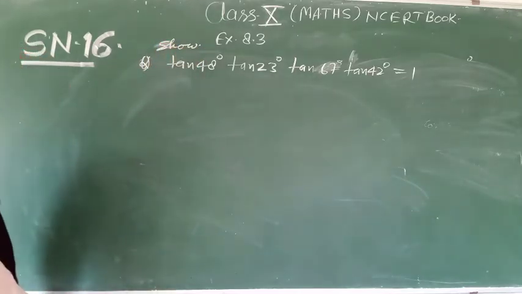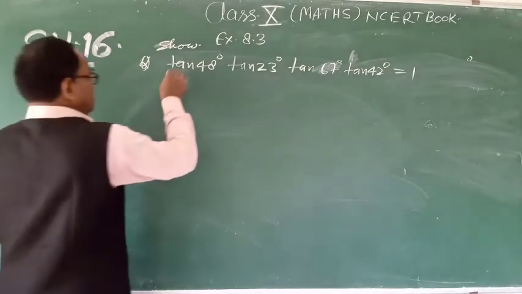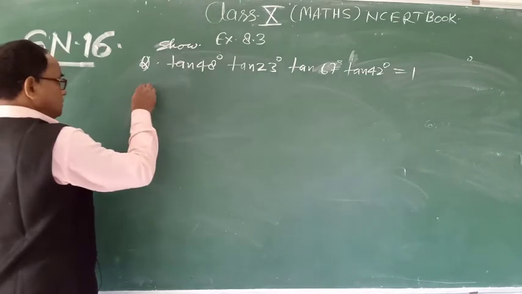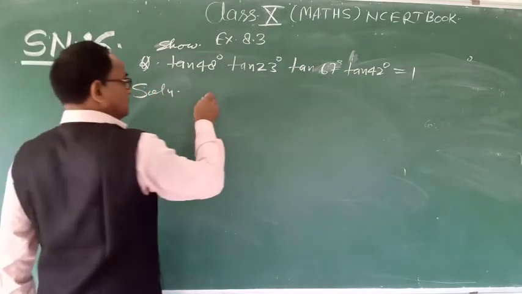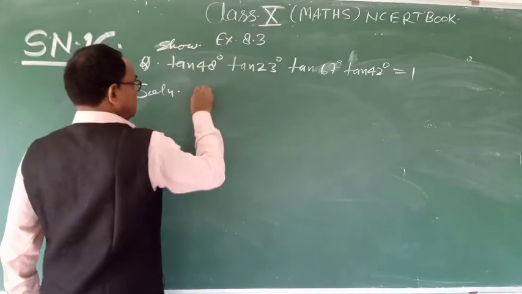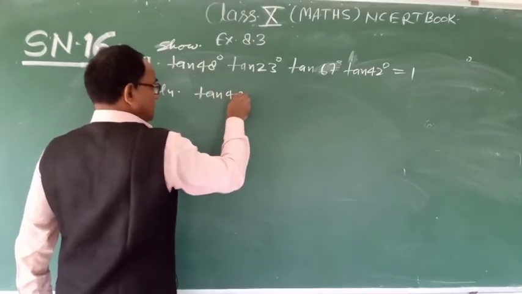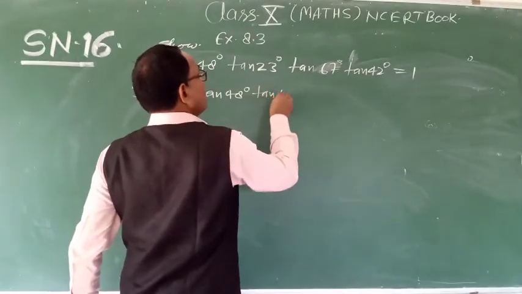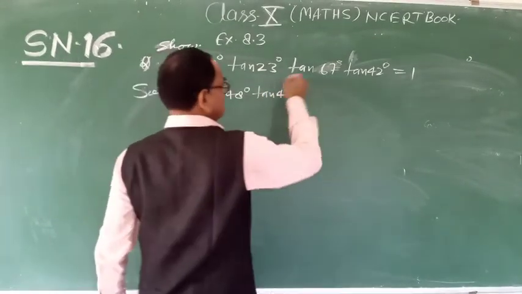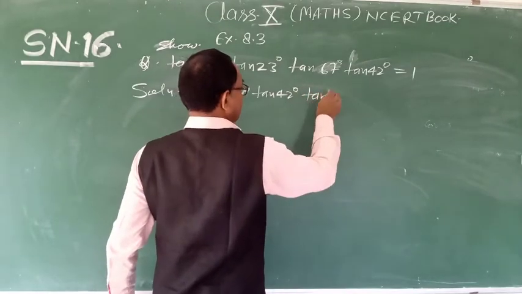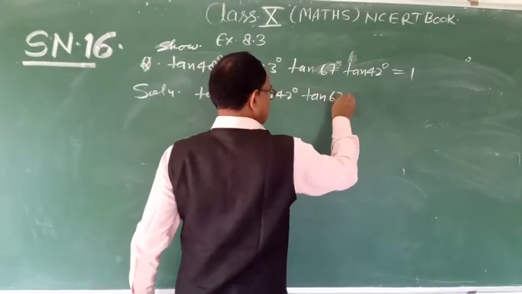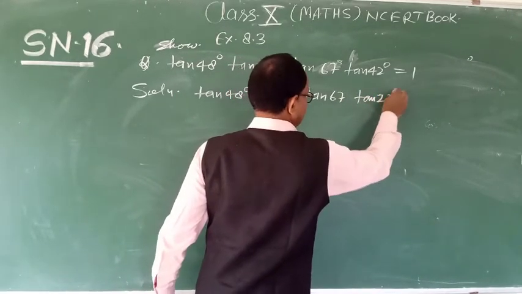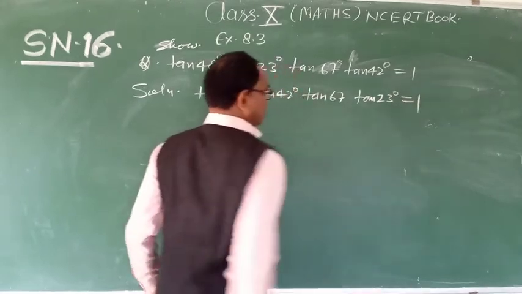So, here is the solution for this. We can write here tan 48 degree, tan 42 degree, arrange this, tan 67 degree and here tan 23 degree is equal to 1.